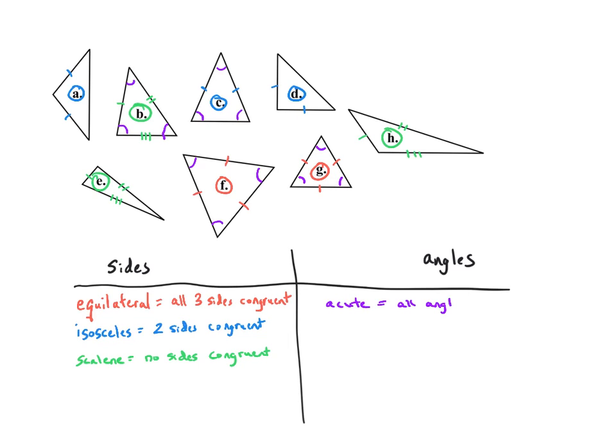And it must have all angles acute. If a triangle has a right angle in it, like triangle D, it's called a right triangle.